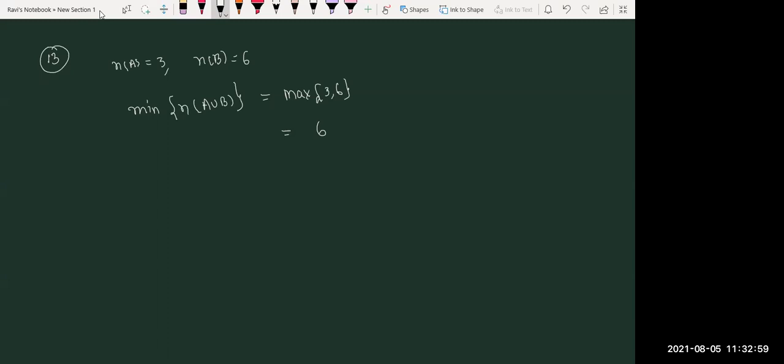Next, even 14 was also the same thing, right? Yes, sir. The 14th question. But the given universal set, n of U equal to how much is given? 60.